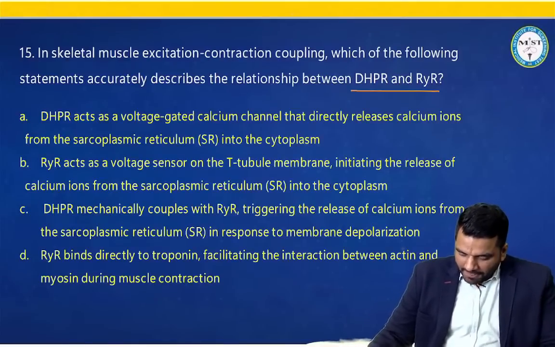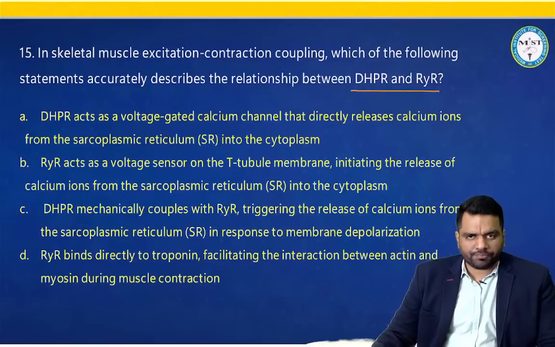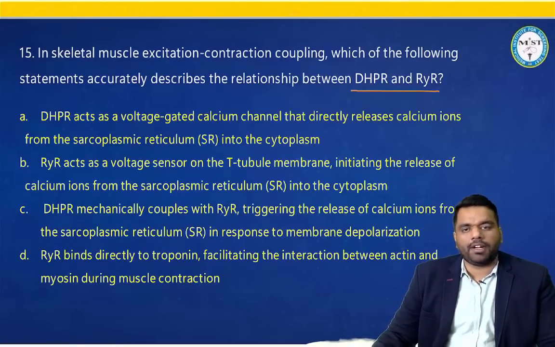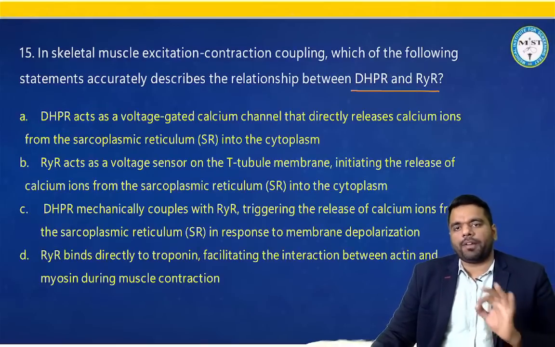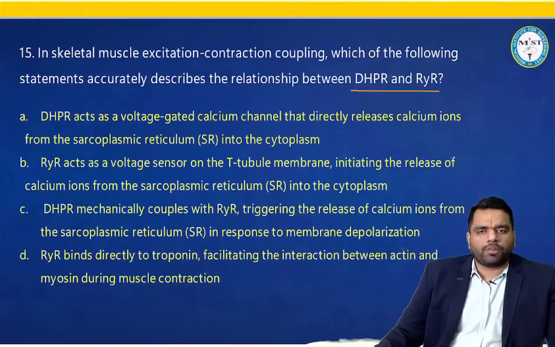Option A, that DHPR acts as a voltage gated sodium channel that directly releases calcium ion from the sarcoplasmic reticulum into the cytoplasm. Option B, that ryanodine receptor acts as a voltage sensor on the T-tubule membrane, initiating the release of calcium ion from the sarcoplasmic reticulum into the cytoplasm.